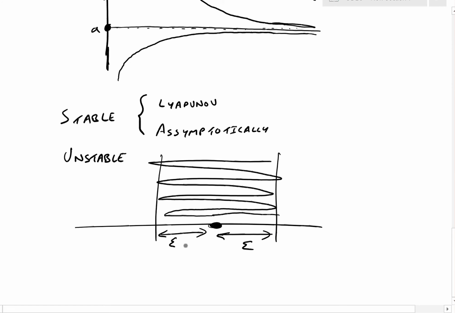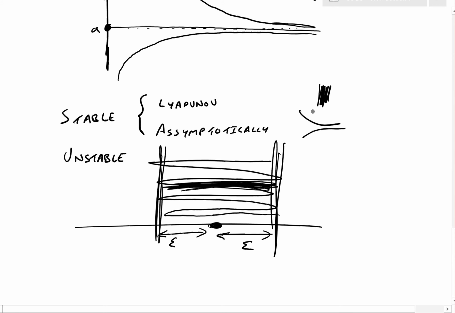We never actually stop at the equilibrium point, but we're going left and right all the time, and we're so close anyway that we just call it stability, because we're bounded by these two regions here. So that's Lyapunov stable. Asymptotically stable is where it comes in from both sides. Lyapunov stable is where we're going up and down all the time, but we're bounded in two regions. And unstable is where we move away from our equilibrium point.